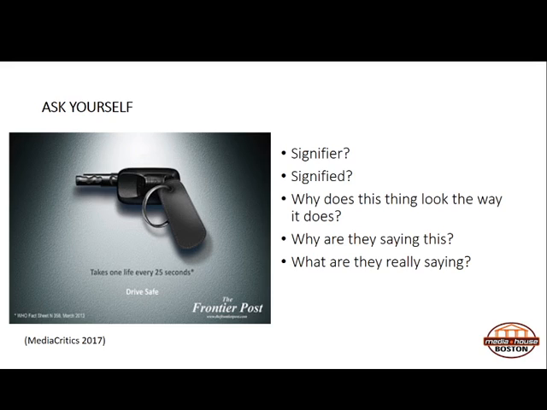Okay? And drive safe. So, that gun, which is actually car keys, takes one life every 25 seconds, according to the World Health Organization fact sheet from March 2013. Cool. So, it kills more people than guns is basically what they're trying to say.